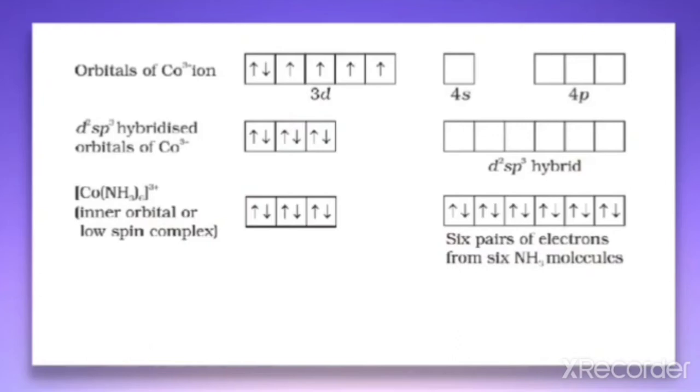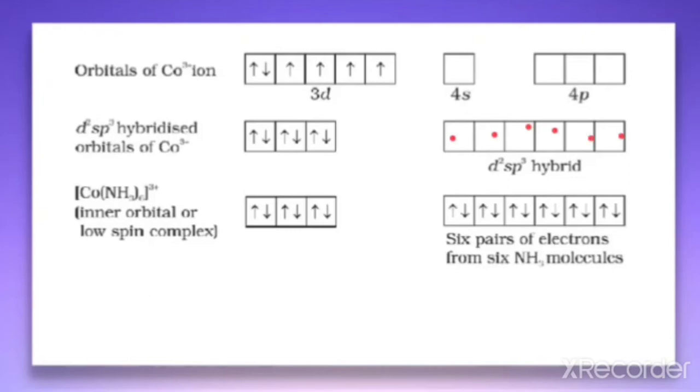Now the vacant orbitals, after intermixing, are called hybrid orbitals, that is d2sp3 hybrid orbitals. How many are there when you count them? 1, 2, 3, 4, 5, 6.